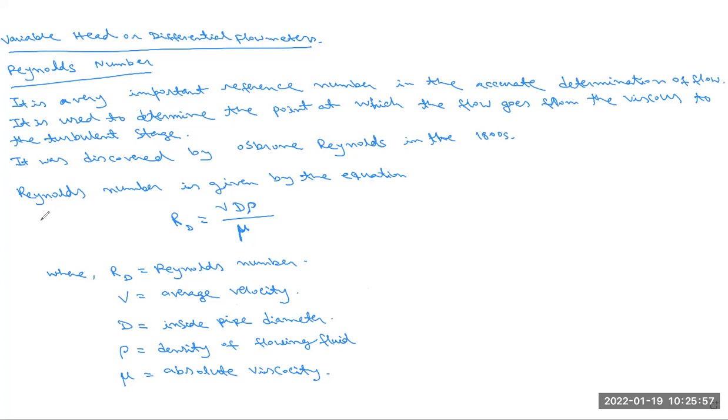The Reynolds number is a dimensionless unit when consistent units are used in its determination.